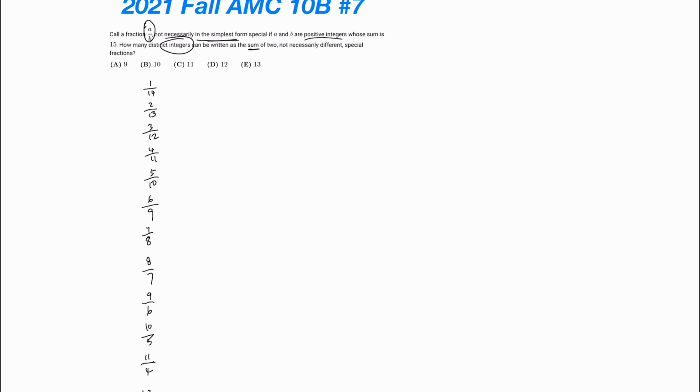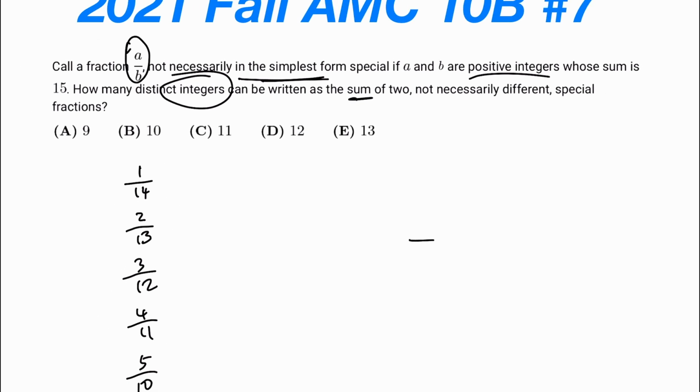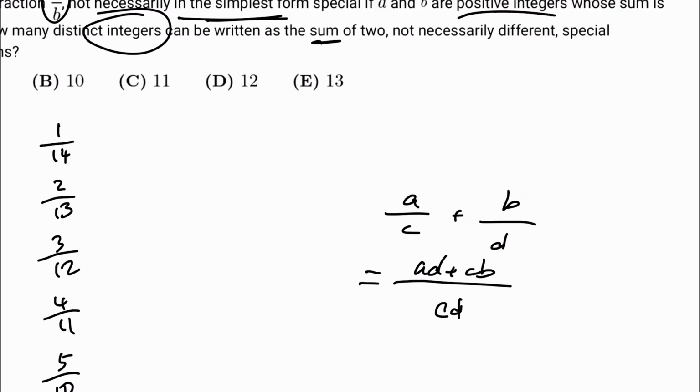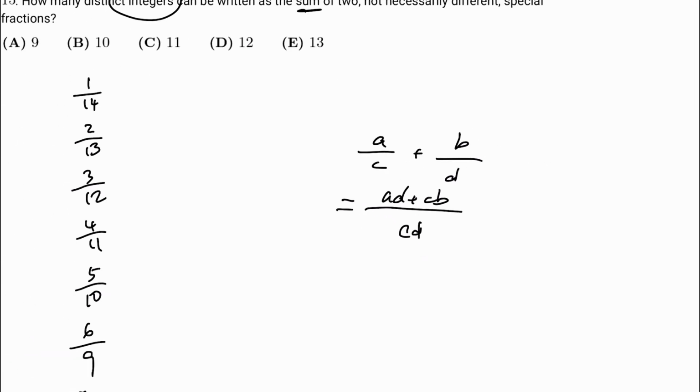And let's group them. If we think about it, if we have two fractions, a over c and b over d, where c and d are different and they are in the simplest form, then the sum will be (ad plus cb) over cd. We're told that these are in the simplest form, which means that this could cancel out.